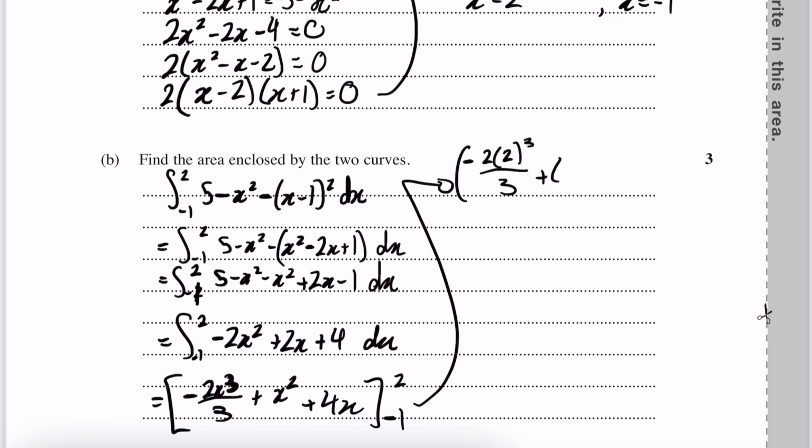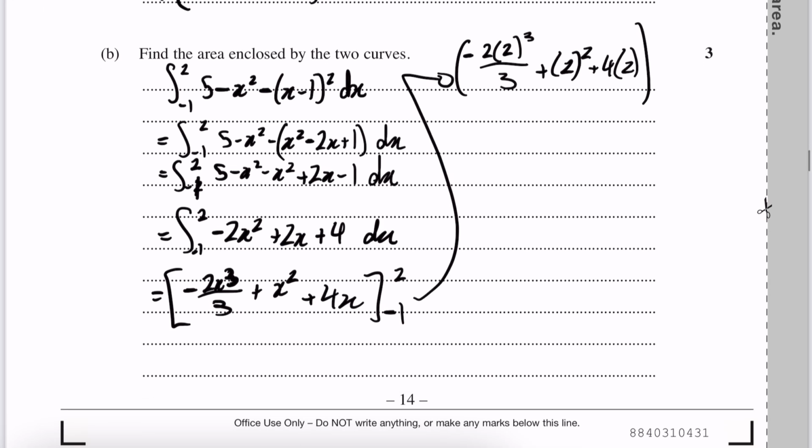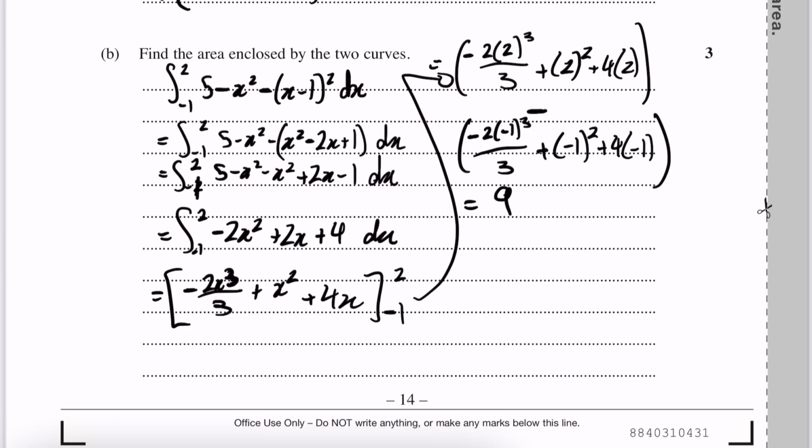So minus 2 cubed over 3 plus 2 squared plus 4 times 2, minus minus 1 cubed over 3 plus minus 1 squared plus 4 times minus 1. And I'm going to spare calculating all of that, but what you should end up with is 9 units squared, because this is an area that we're figuring out here.